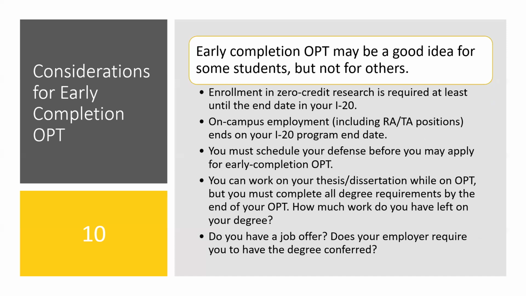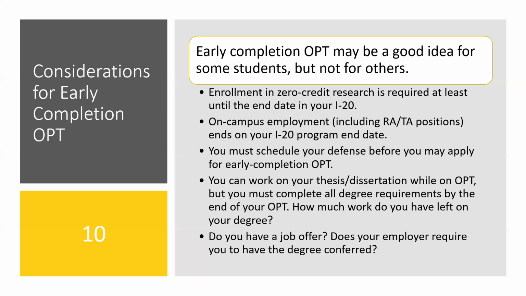There are some things that you'd want to consider before deciding to end your program early. We call this early completion OPT. For some people, it might make sense because maybe they have a job offer that needs them to start before their graduation date. For other people, though, especially if they don't have a job offer yet, it may not be a great idea. A few things to consider. You must remain enrolled in zero credit research at least until the end date in your I-20.